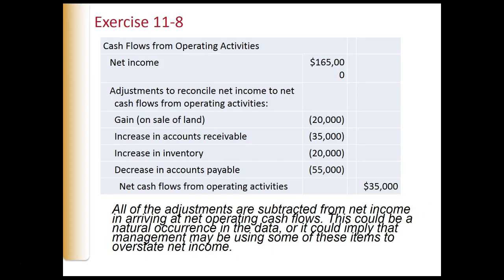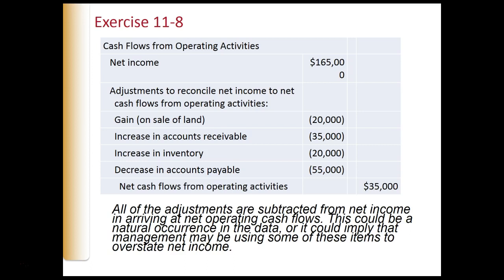So we start with net income of $165,000. Then we're going to have to create some adjustments to reconcile net income to cash. So we had the gain on the sale of land, an increase in accounts receivable, an increase in inventory, and a decrease in accounts payable.